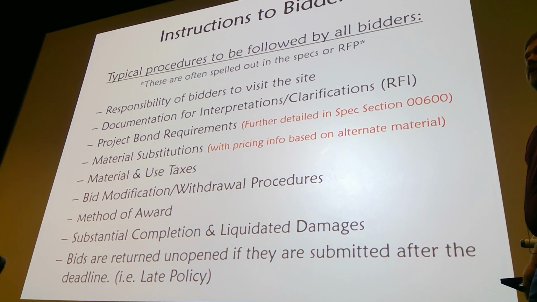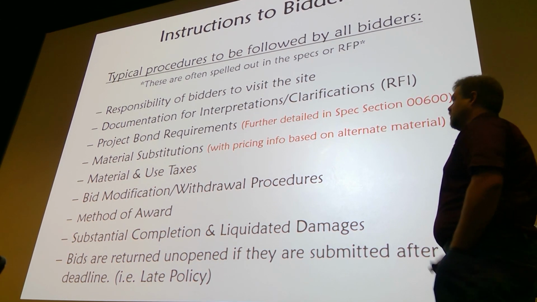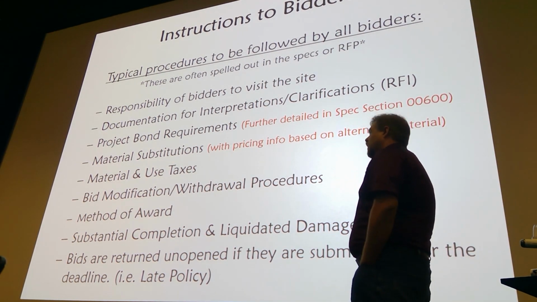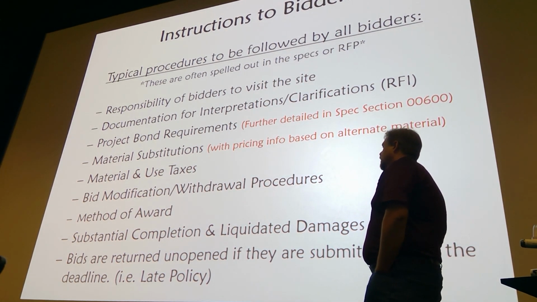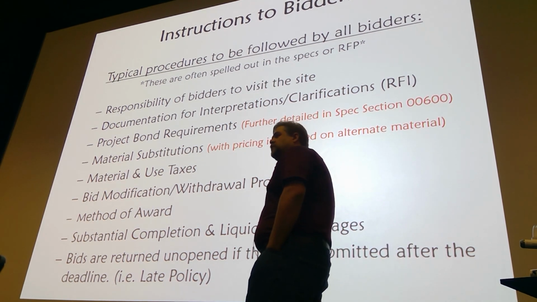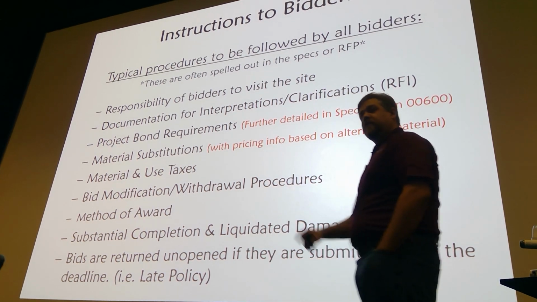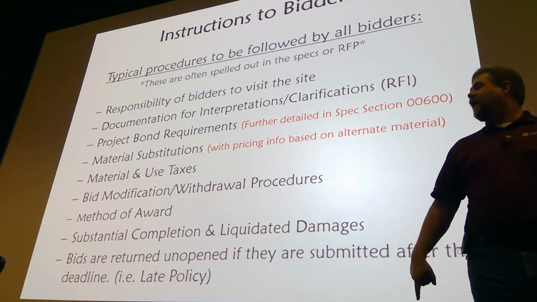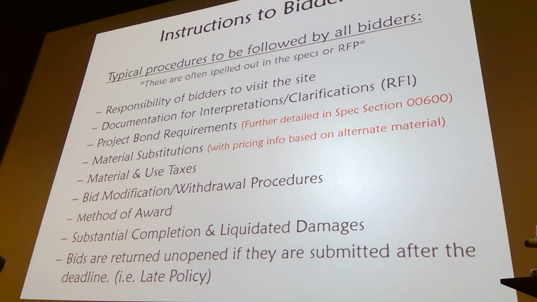So information could be in the instructions to bidders. How to handle material substitutions, that's going to be in there. Whether or not it's a tax project. What the method of award is. Substantial completion dates. Liquidated damages. Bid deadline.